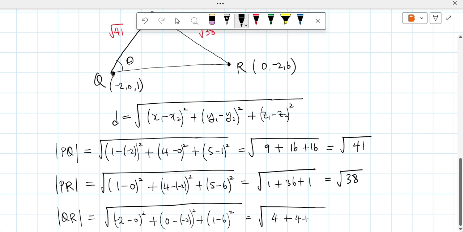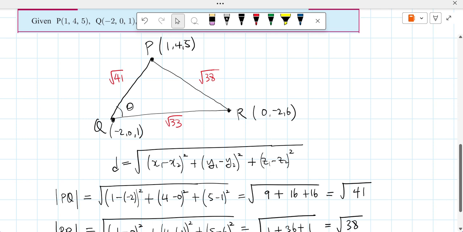And then 1 minus 6 is negative 5, squared is 25. So my distance happens to be square root of 33. So obviously my diagram is definitely weird because square root of 33 is the smallest length, but I drew it to be the longest. Once again, it doesn't matter too much, so don't worry too much about it.